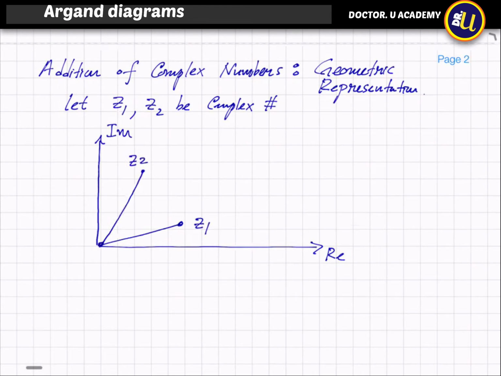So what is the addition z1 plus z2? You know how to do this analytically, but pictorially this is very similar to vector addition. You have the parallel lines here and this is going to be z2. So with z1 and z2, this one would be your addition, which is z. So z1 plus z2 is equal to z.